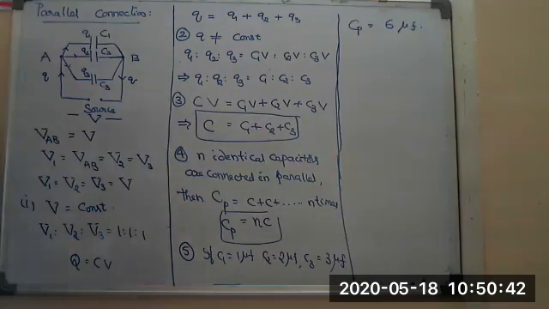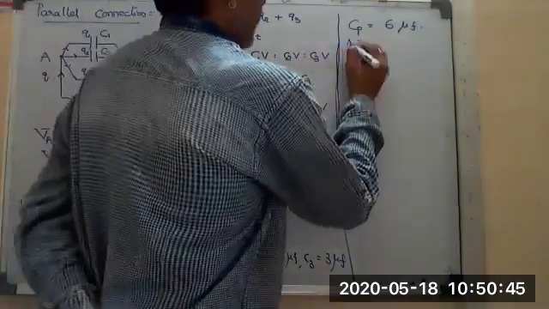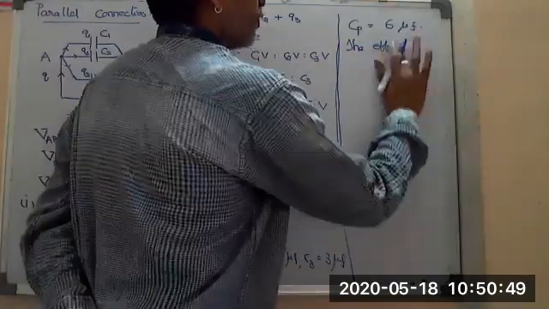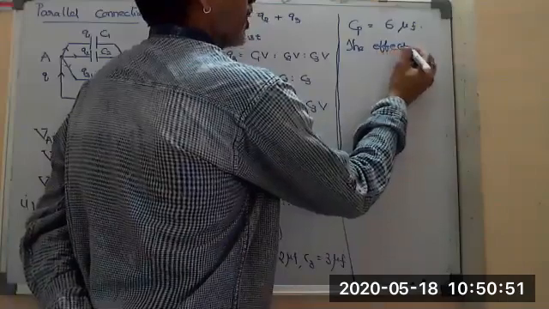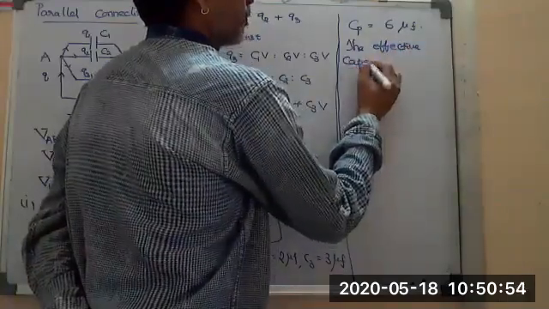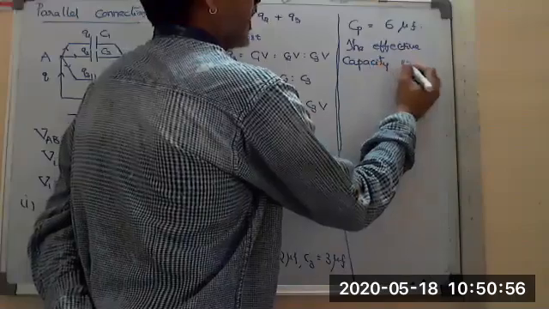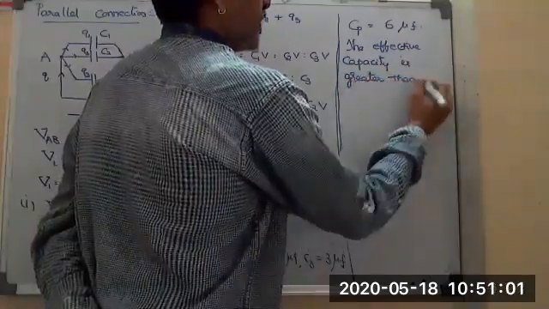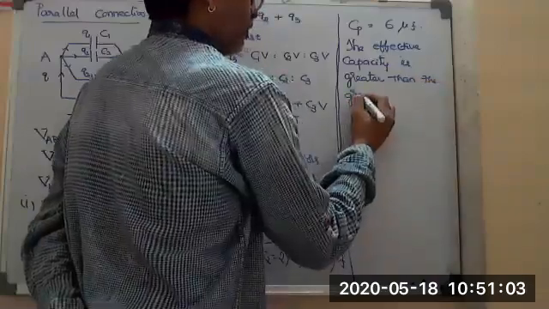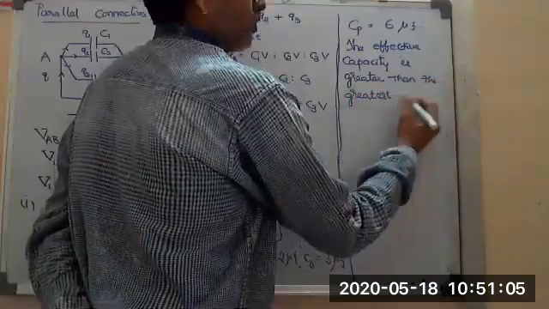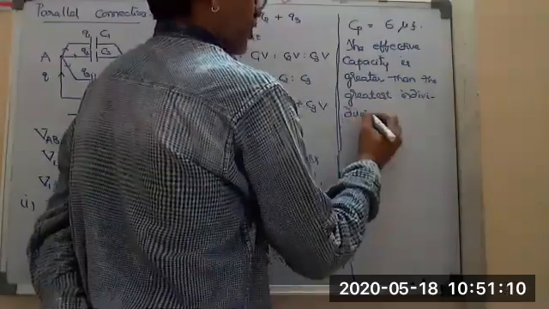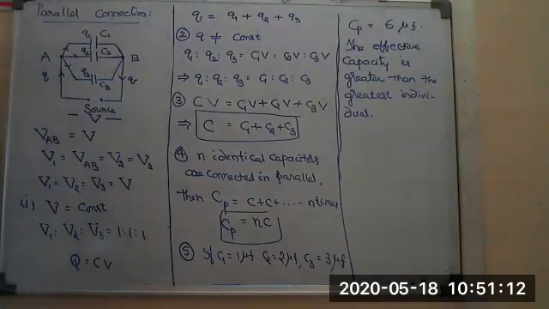So I can write here, the effective capacity is greater than the greatest individual, which is higher than the highest individual, what I am saying.